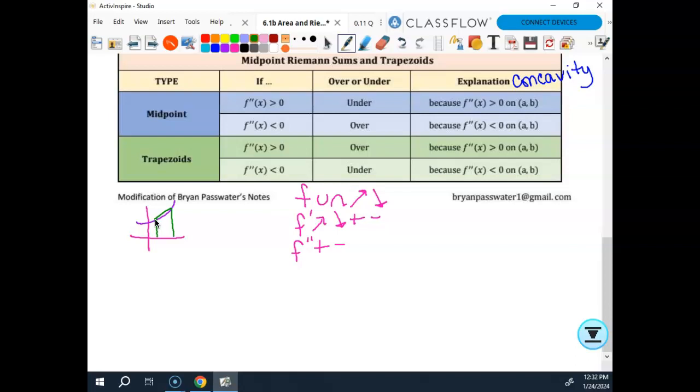So for the trapezoids, if we're concave up, and when we're concave up, it's positive. So when it's positive here, it's an overestimate. Okay, so this is up, down, down, up. Okay, and talking about concavity there. It's one way to kind of remember that.